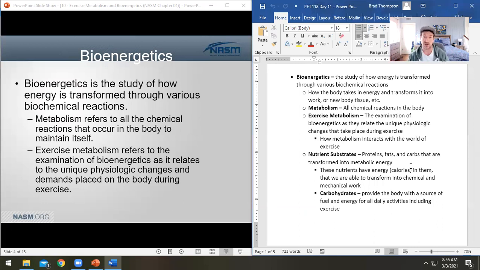Our bodies are not by default always exercising, as much as I'm always harping on about how active we are meant to be. Your body does go through various different intensities, and exercise is a fairly rare one. So how our body interacts with its metabolism during exercise is our exercise metabolism.